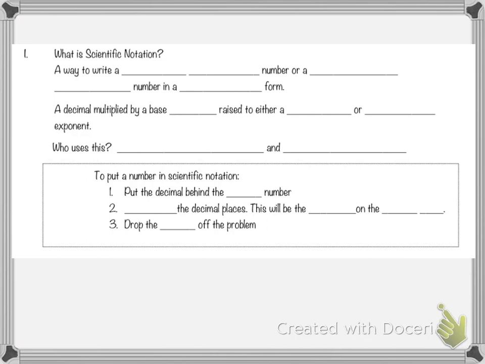Scientific notation is a way to write a very large or a very small number in a compact form. Okay?